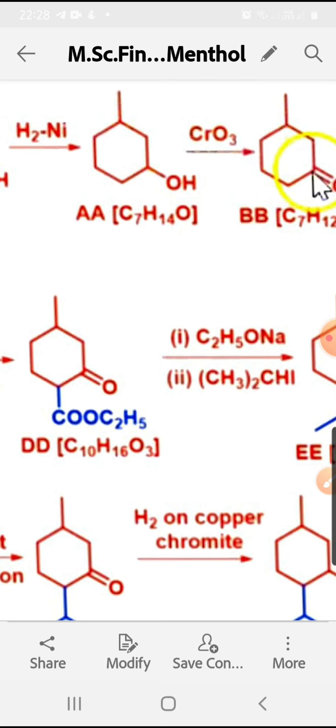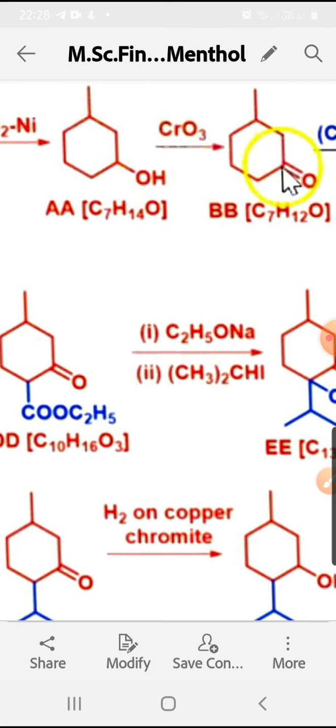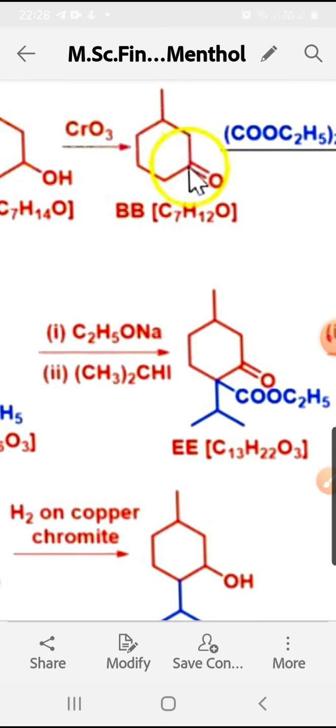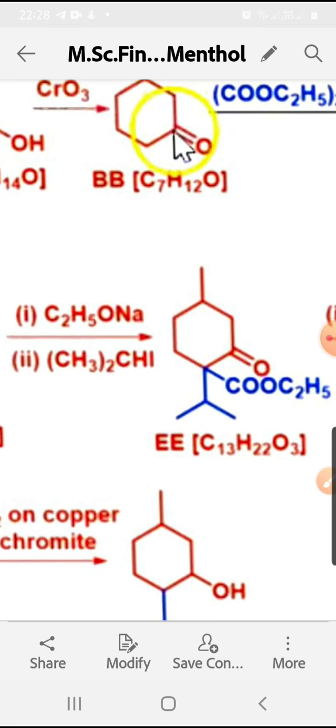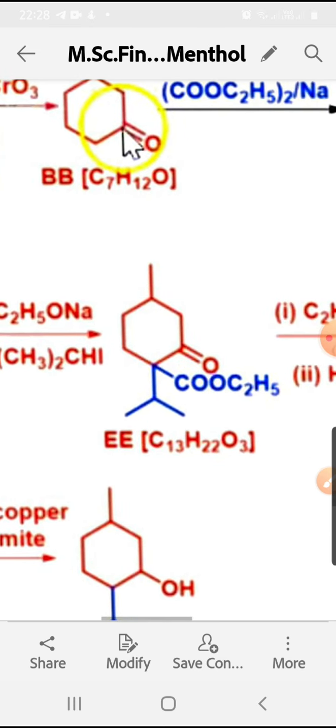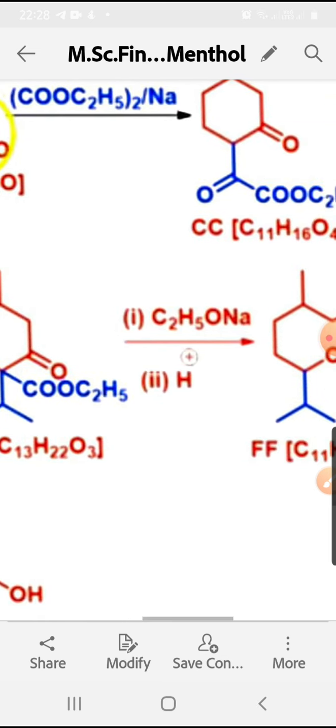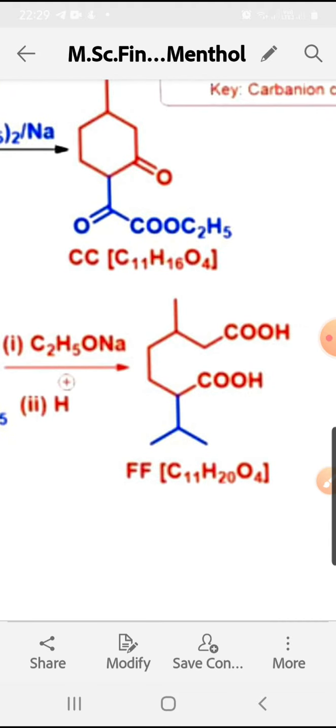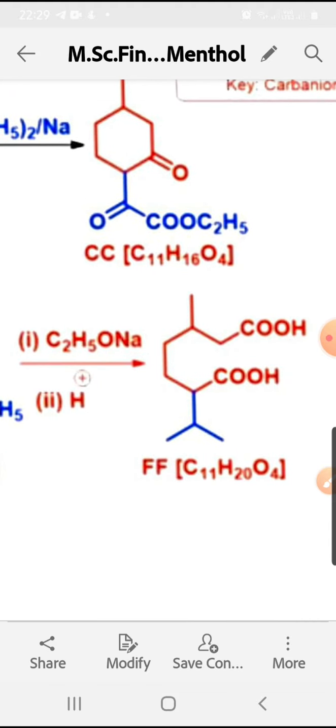This beta keto ester reacts with sodium ethoxide followed by alkylation with isopropyl iodide. In this way, we reach our main skeleton of the molecule. And this compound on reaction with sodium ethoxide leads to a ring opening reaction and a dicarboxylic acid is formed.